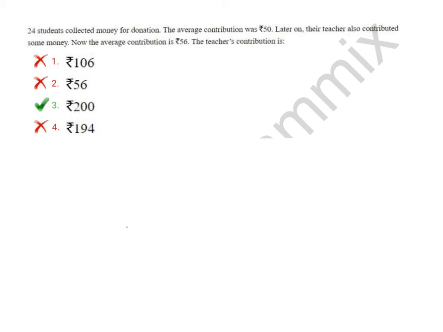24 students collected money for a donation. The average contribution was 50. Later on, the teacher also contributed some money. Now the average contribution is 56. We need to find the amount added. I already told you this formula, that is initial average plus number of observations into number of points increase or decrease.